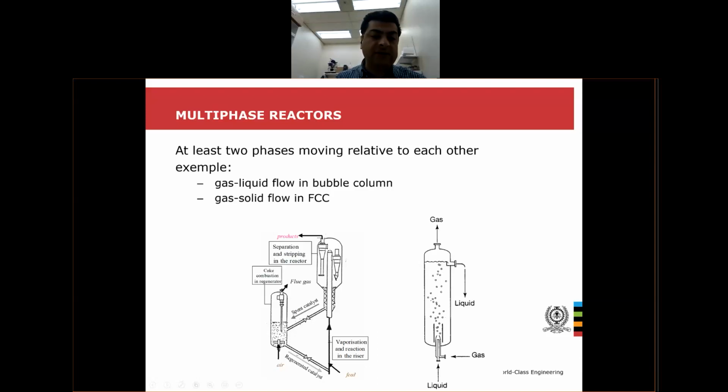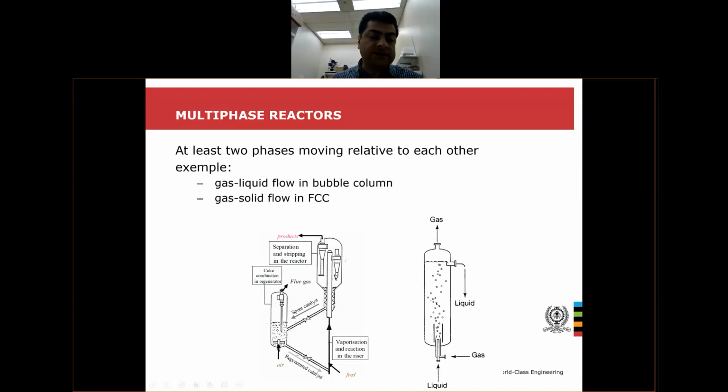At the outlet of the riser, the mixture of the solid catalyst and whatever vapors is introduced into the cyclones, where solid particles are recovered. They are sent to a regenerator, but the products are out from the outlet of the cyclones. And these catalysts that are recovered are usually deactivated catalyst particles.